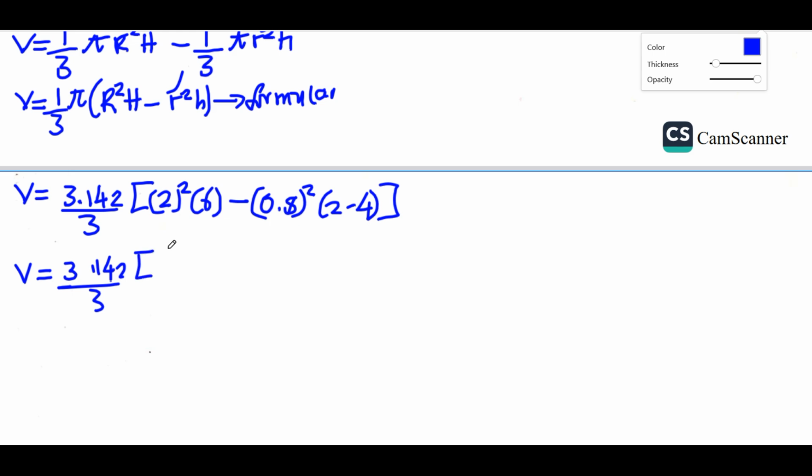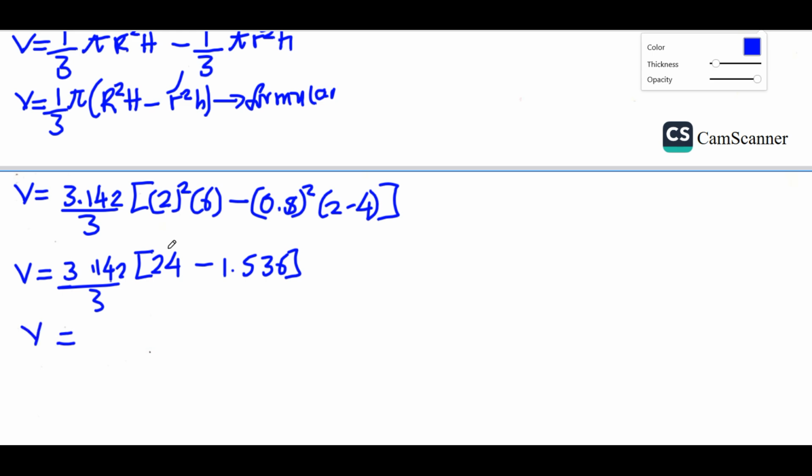At this point, I'm just going to do some math. 2 times 2 is 4, times 6 is 24. Then 0.8 squared, I'm getting 0.64, times 2.4, I'm getting 1.536.